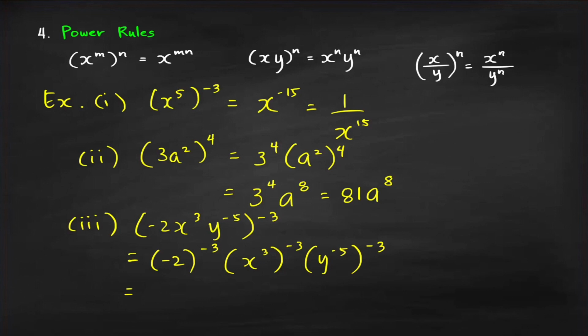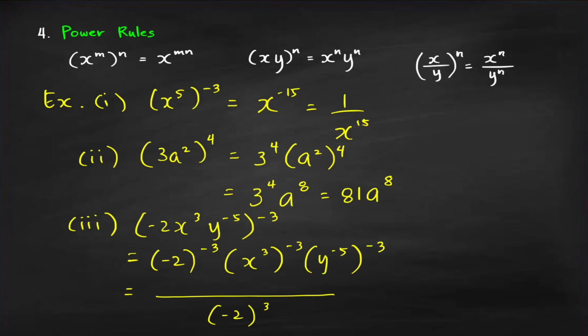So to simplify this first factor, negative 2 raised to negative 3, we have here a negative exponent. So to make the power positive, we can move this factor to the denominator, and we'll get negative 2 raised to positive 3.